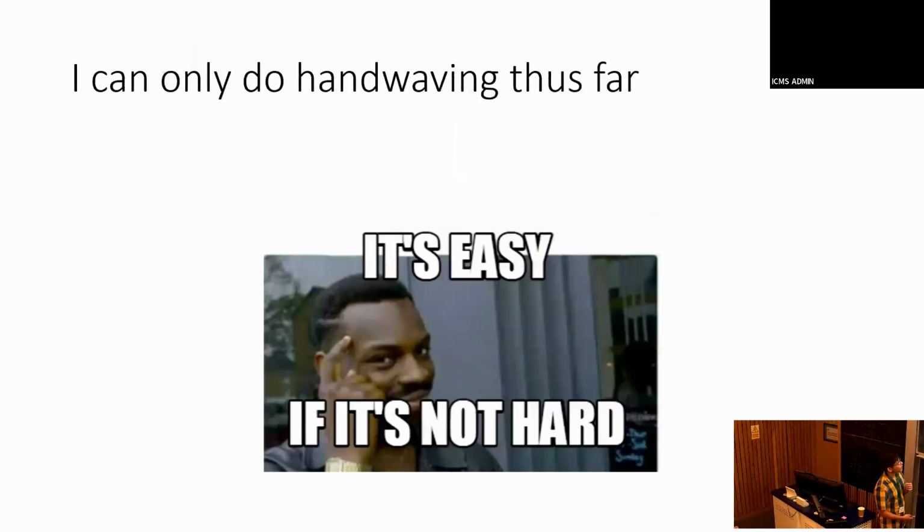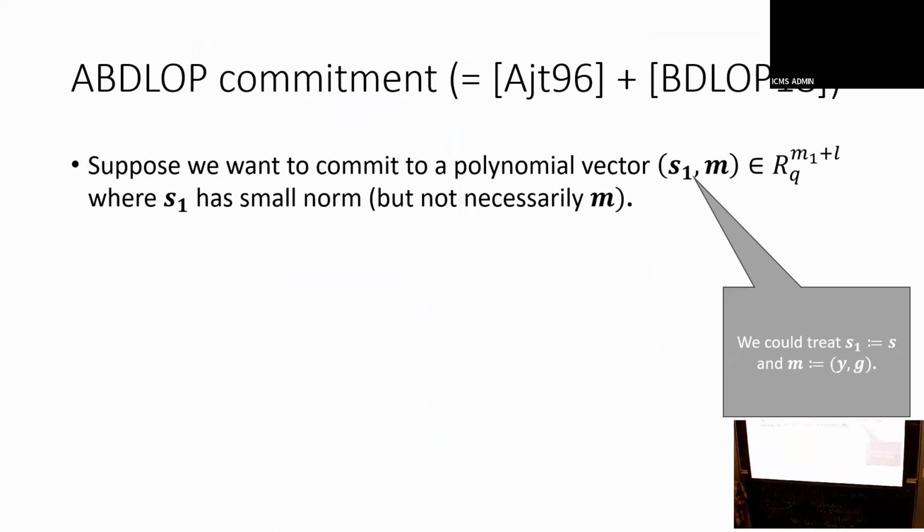The commitment scheme is a combination of the classic commitment, in this case the Ajtai commitment, together with the BDLOP commitment. Let me explain slowly what's happening. Suppose I want to commit to a polynomial vector. Everything is over the ring, and my message consists of two parts.